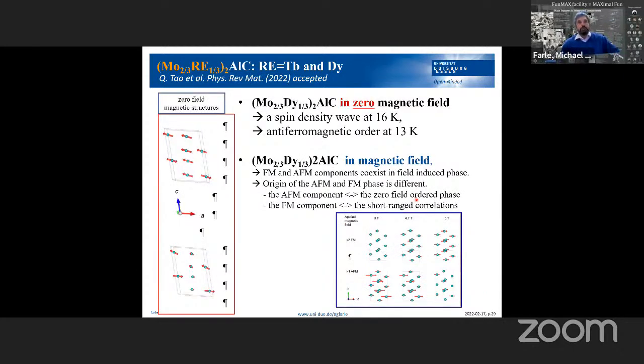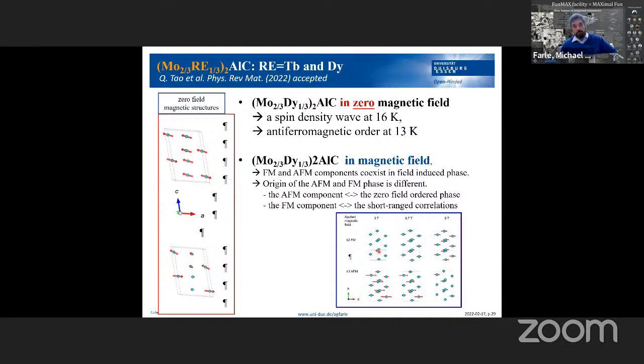So this is just a summary here. I think I have to go more quickly now. So molybdenum, dysprosium in zero magnetic field. This is this structure here. And in a magnetic field, you can tune the average magnetic moment of this material.